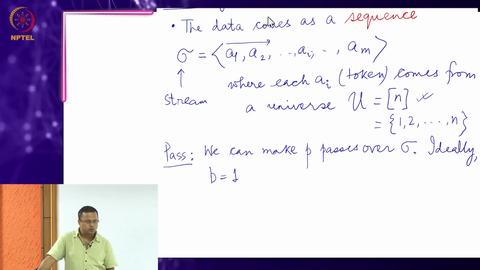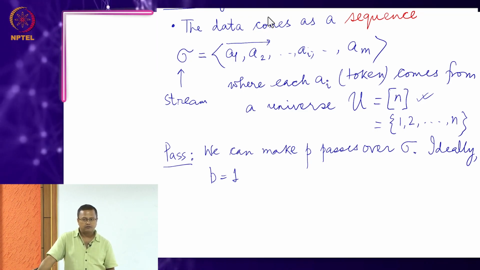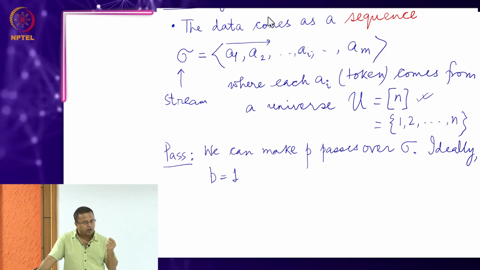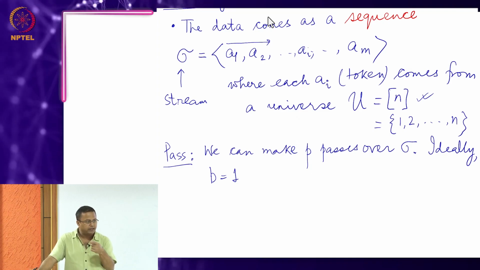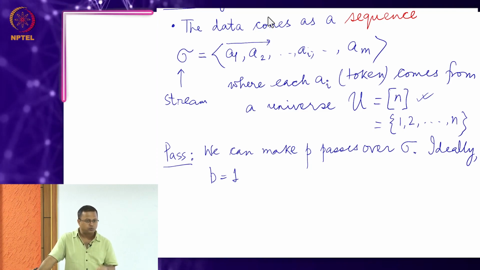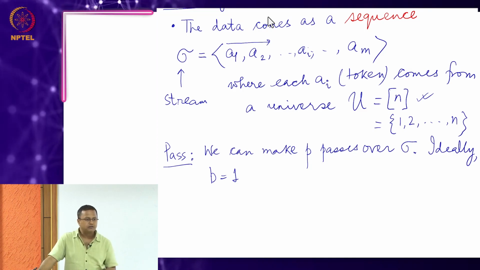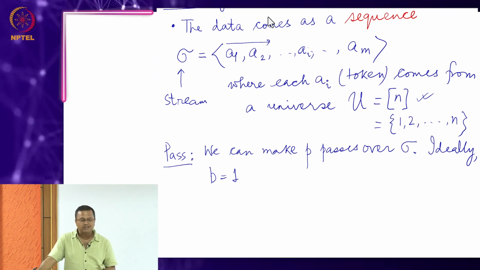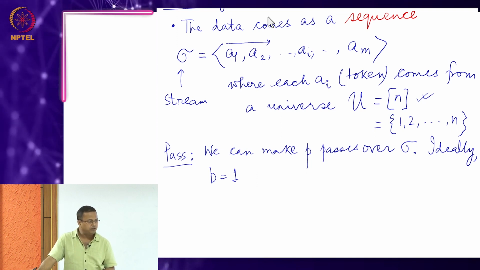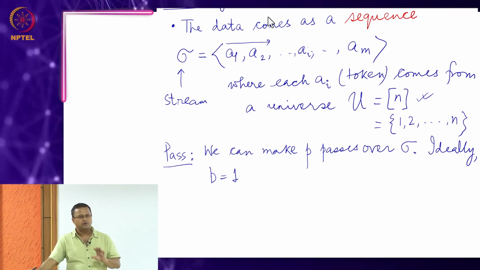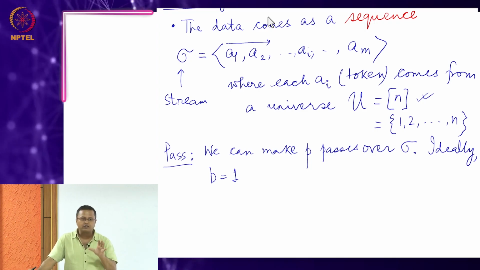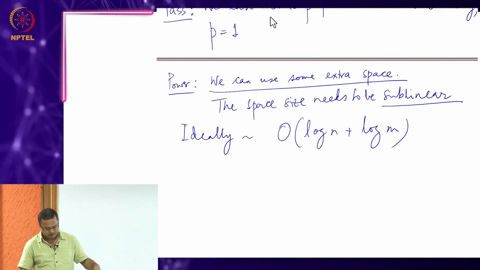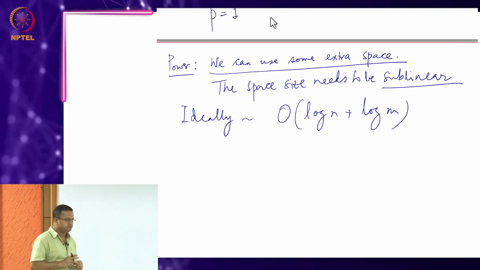To count the number of elements in the stream, in a counter I need log m bits, because the stream length can be m. If I need a counter to store how many elements have gone past, I would need a log m bit counter, and to encode each element of the universe I would need log n bits. So, my goal would be to solve these problems in space log n plus log m.